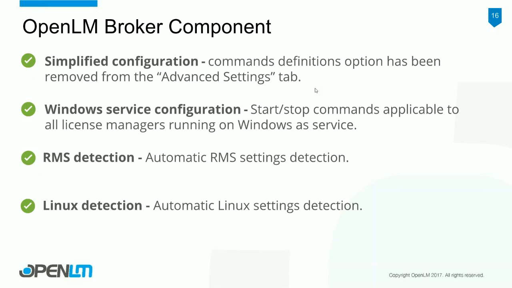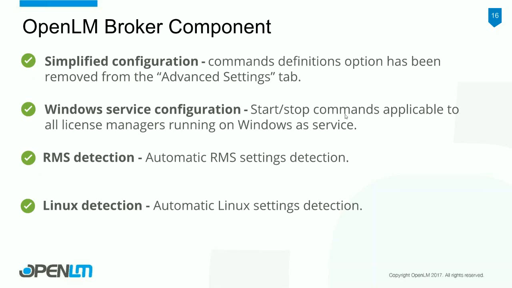It's very simple. Also, we've added automatic detection to RMS, which was not present before. And now the whole detection mechanism works with Linux as well. Before, you needed to manually configure Linux servers, but now the broker configures itself automatically and detects all the relevant license server on the Linux machine.